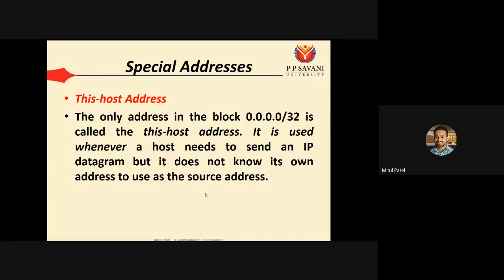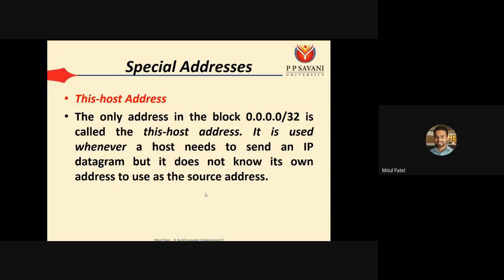Another thing is there are some special addresses. Okay, there are some special addresses that we cannot assign to any connection. The first address is 0.0.0.0/32. So it is known as the this host address. So when is it going to be used?